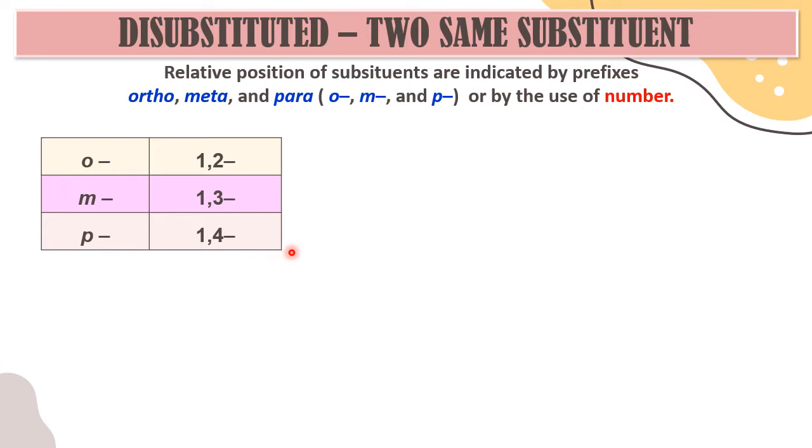So let's look at one example. We have a benzene ring that is bonded to 2 bromines. So these are the substituents, the same substituent. How are we going to number?